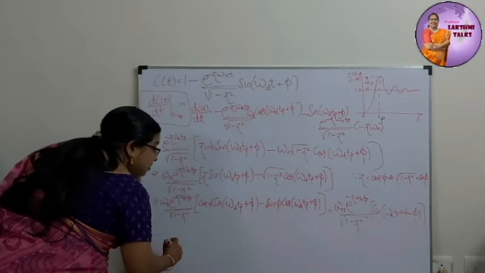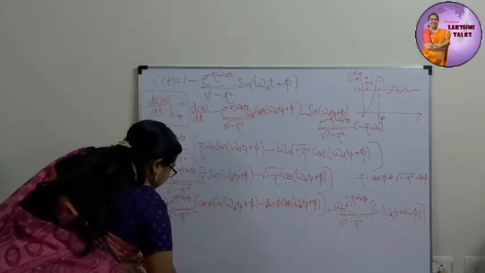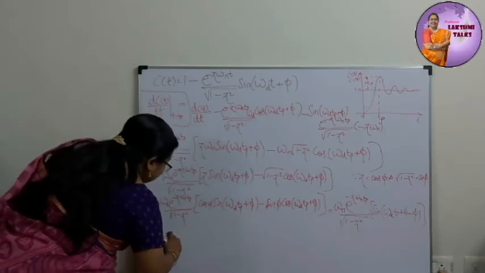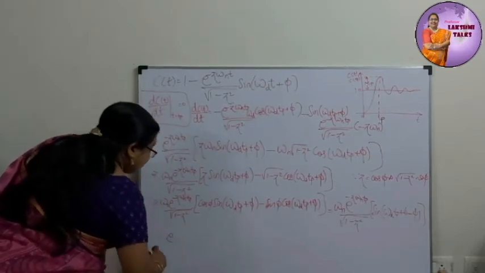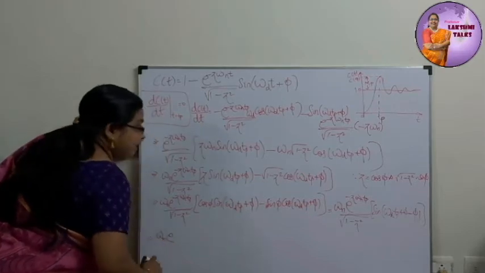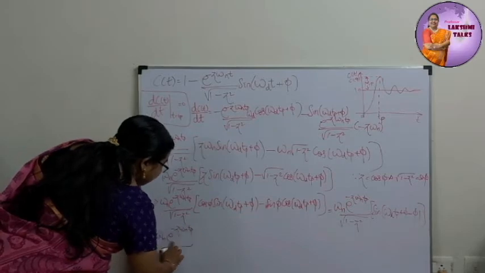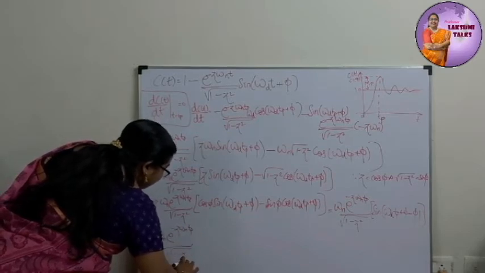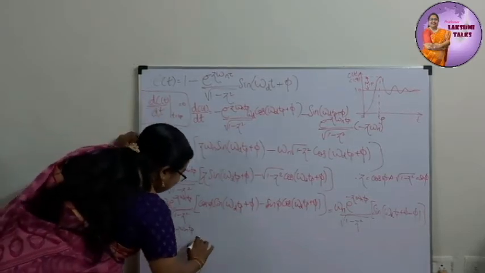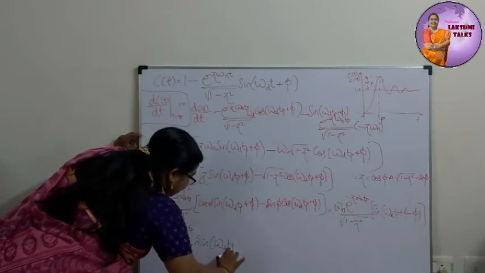So this is equal to omega n e power minus zeta omega n tp divided by root of 1 minus zeta square sin of omega d tp.